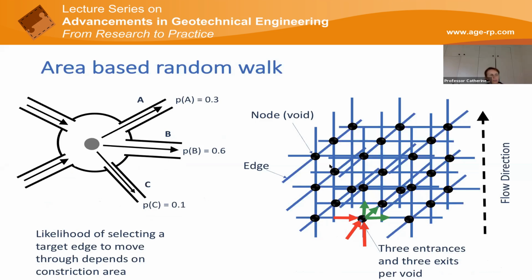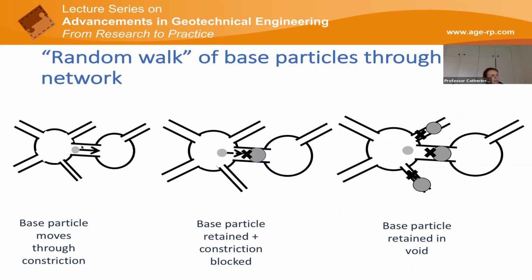So we have a distribution of constriction sizes that in this case we got from a DEM simulation. We assign those to all the edges in the system, and then once a particle gets into a void, whether it's going to choose any one of these 3 edges to move with depends on the area of that edge.